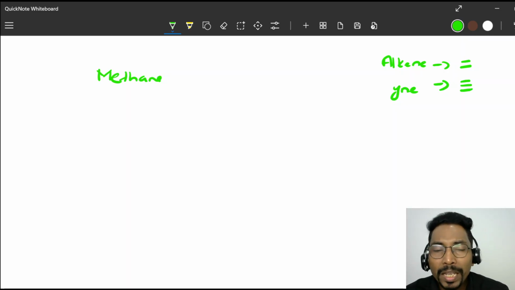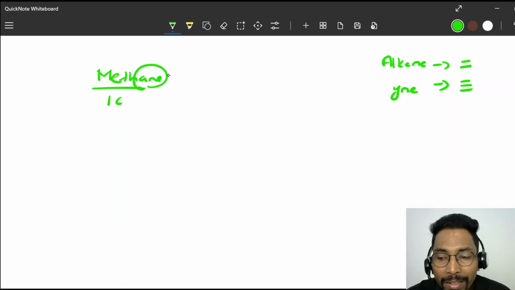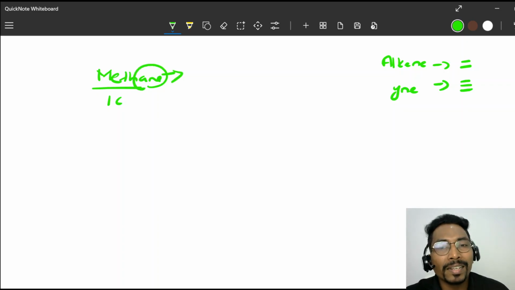So I told you meth indicates what? Meth indicates one carbon. And ANE indicates what? That is a saturated hydrocarbon. Only single bonds are present. Okay. So all of you know the valency of carbon is 4.